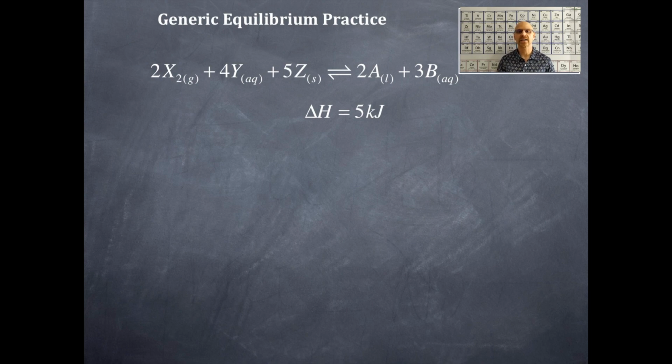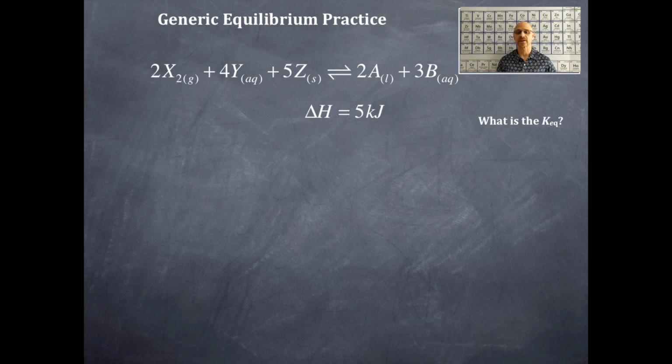Then on the product side, I have 2 moles of A in the liquid state. I have 3 moles of B in the aqueous state. The other thing I have here is the delta H, that is the change in enthalpy, which is equal to 5 kilojoules. So let's figure out what the questions are, and then let's proceed step by step in answering those questions with the information that we know about equilibrium reactions.